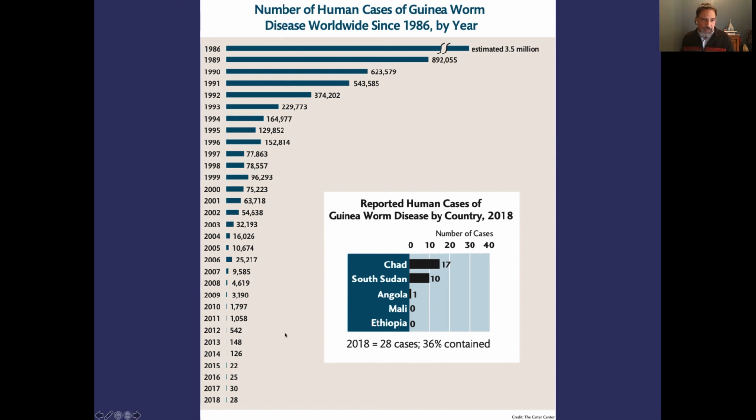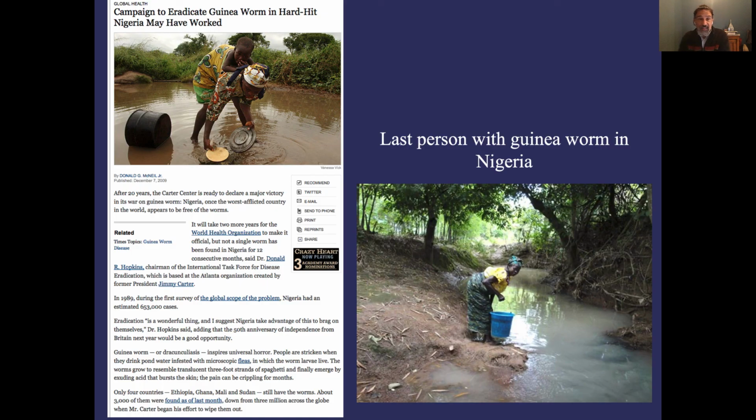In order to provide these numbers, you need to be doing surveillance activities even when there are no cases occurring, so that you can make sure that there is no longer any transmission happening. But I was very excited to see this report in the New York Times, 10 years ago now, that showed the last known person to have guinea worm in Nigeria.